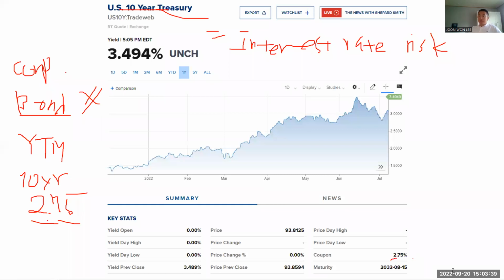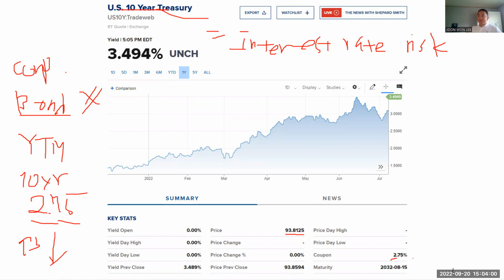Let's say a company issues a bond with the same maturity and coupon rate. Would the price be the same as this 10-year treasury bond? No, it's not the same. Could be lower.